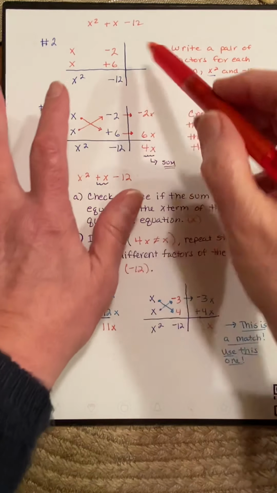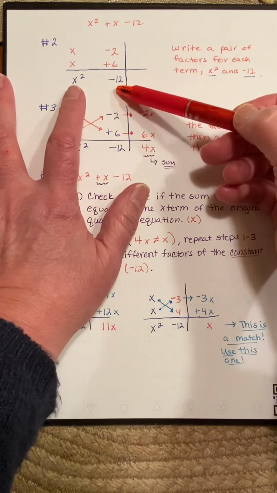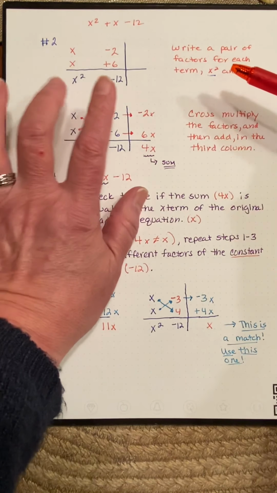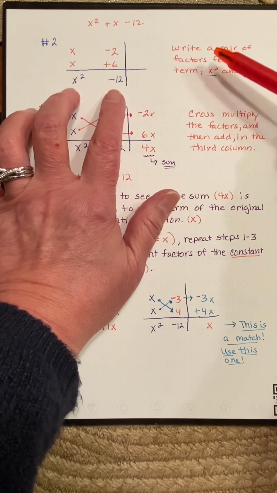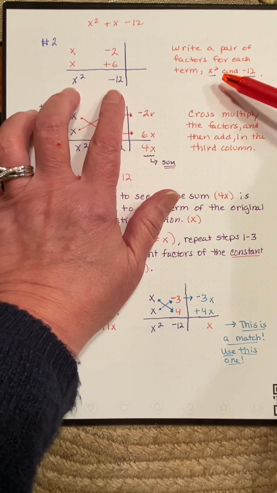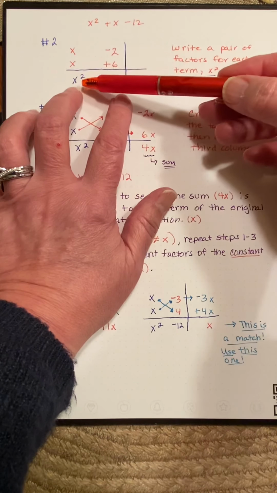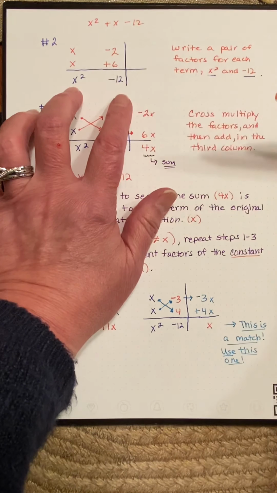So again, the first step was putting the first and the third terms in the cross as thus. Now, for each of these terms, we're going to write a pair of factors that would, when multiplied together, end up being that term.